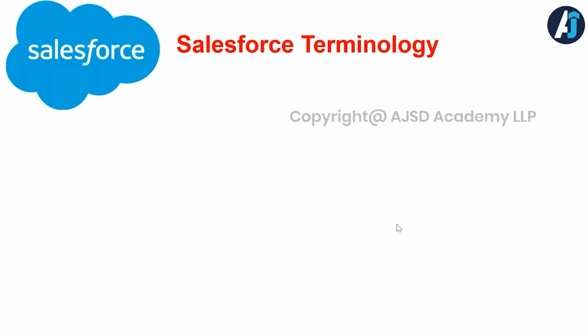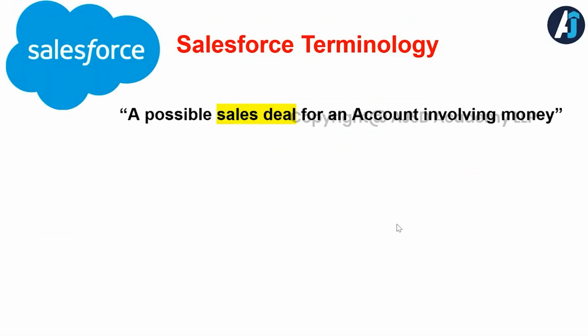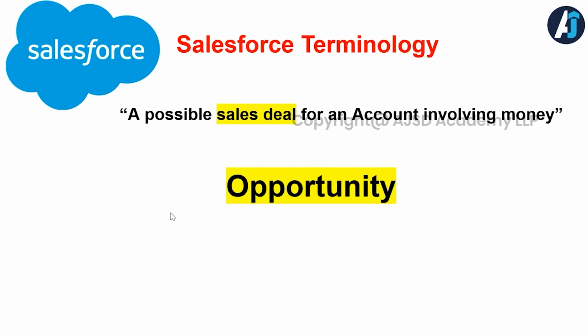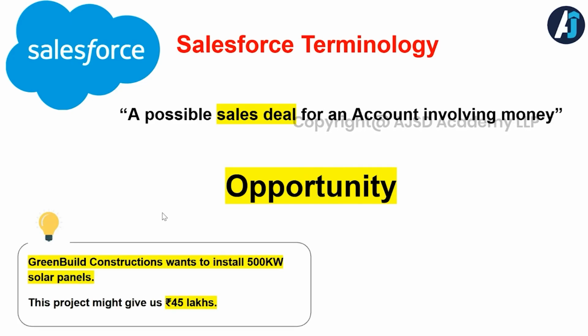And very important, when you convert, the real magic begins. I told you, you can track your customers' sales progress. This opportunity is the object which gives you the sales deal and revenue information when you convert your lead.